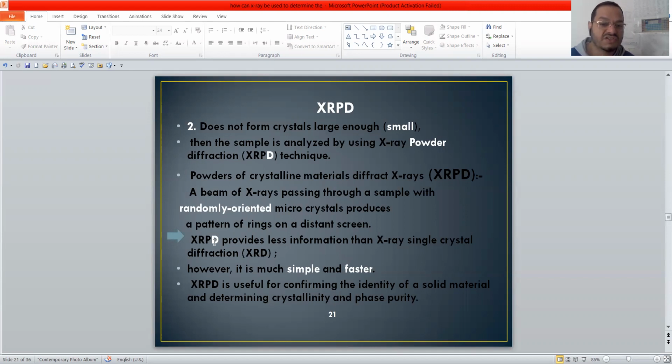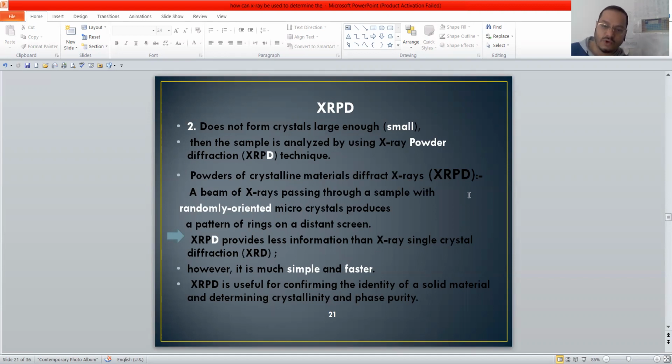However, it's much simpler and faster. This is important because we use it with small atoms. It's useful for confirming the identity of a solid material and determining the crystallinity and phase purity.